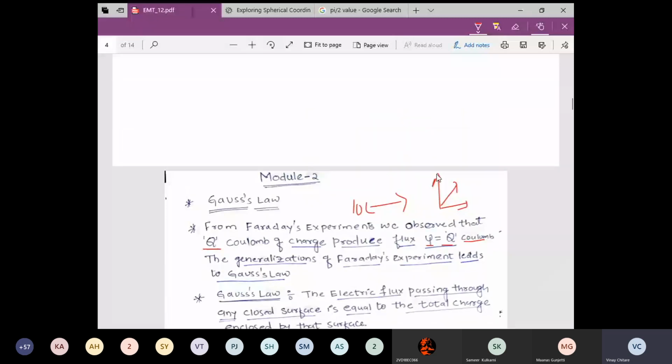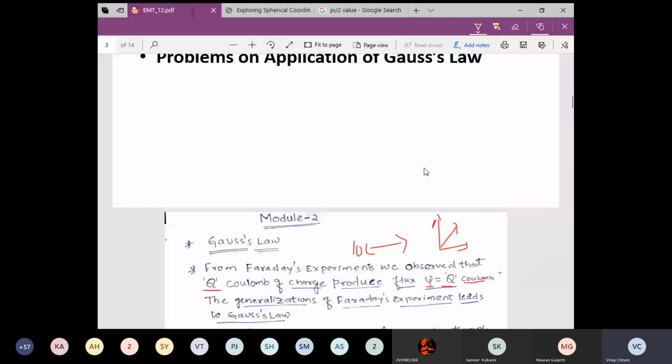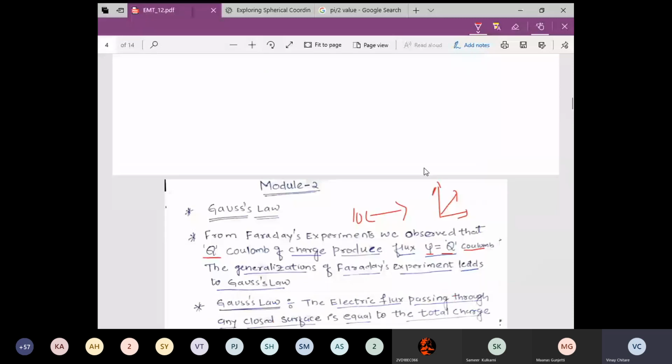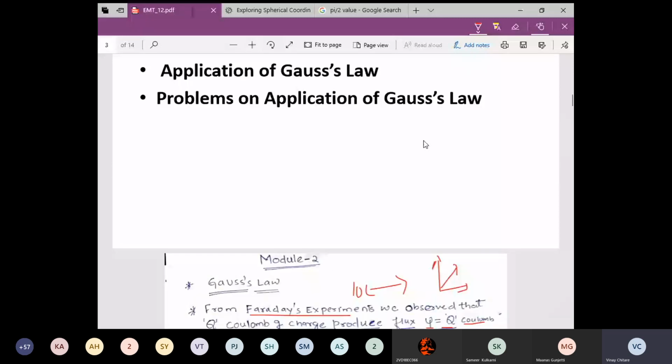If you remember, in the last class we discussed Faraday's experiment, and in that experiment we took two concentric spheres, and in between, the space was filled with a dielectric material. For the inner sphere a Q amount of charge was given, and we observed that a minus Q amount of charge was induced on the surface of the outer conductor.